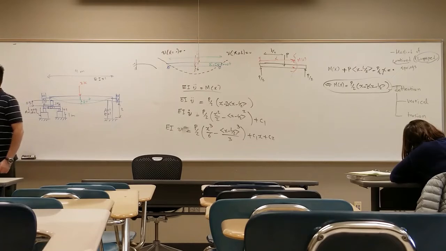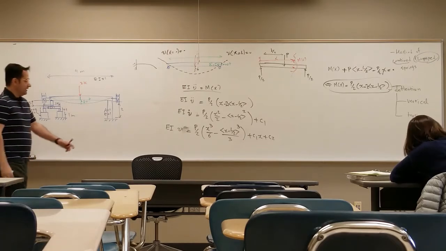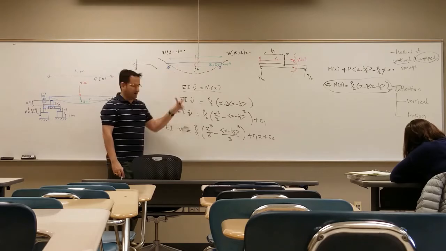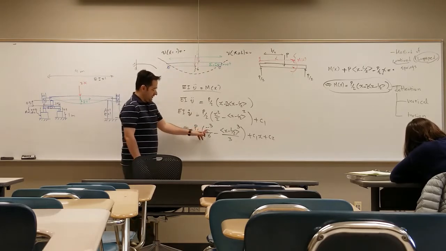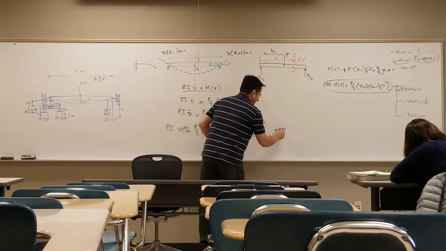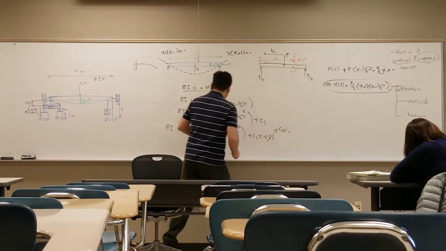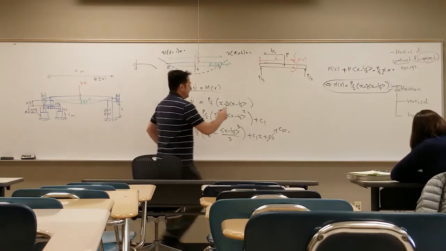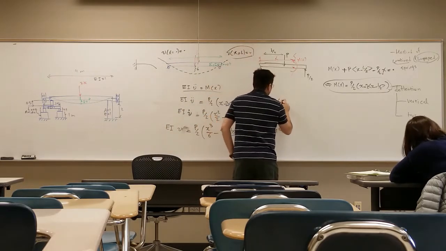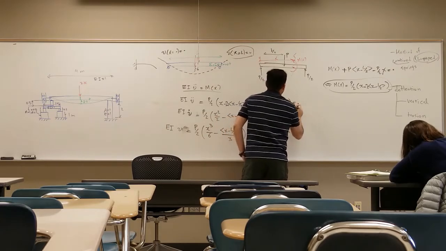What is the deflection at x equals 0? This is 0, 0, 0, 0, so C2 is equal to 0. Now this condition, deflection at x equals L, should be 0.